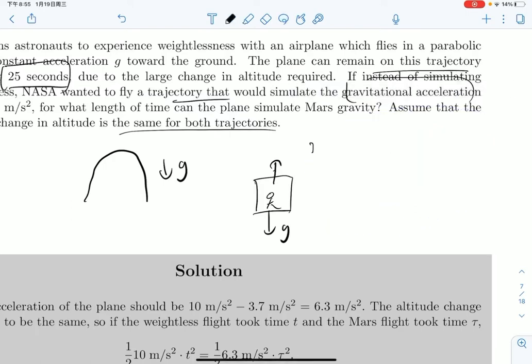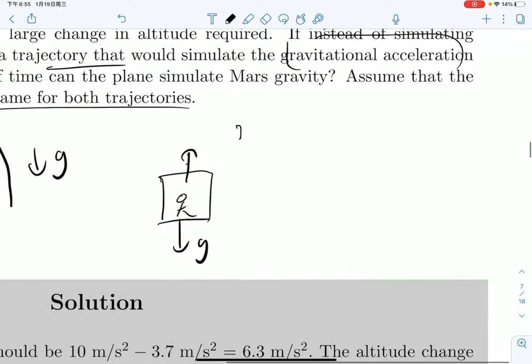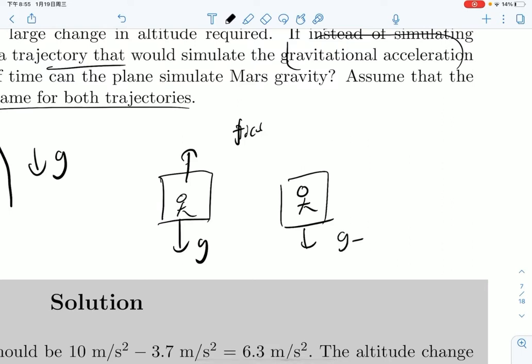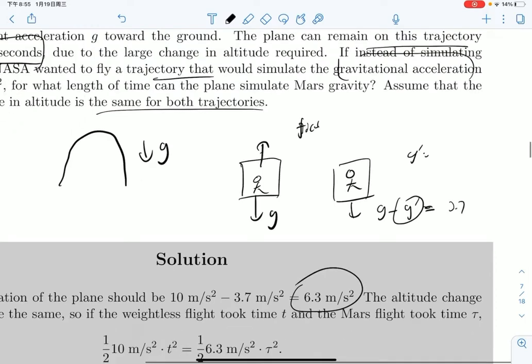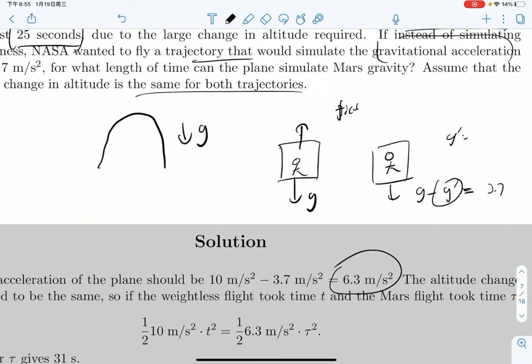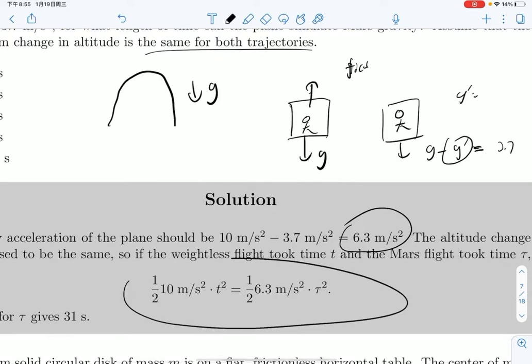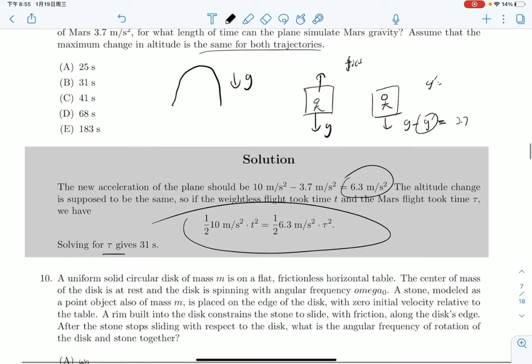So basically, after the fictitious force, you can see that the plane should be accelerating at g minus its acceleration is equal to 3.7. So g prime is equal to 6.3. So the plane should be accelerating downward at 6.3 meters per second squared. So if you equate the equation, you can get the tau to be 31 seconds.